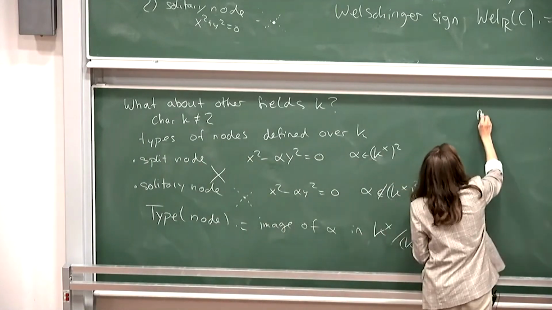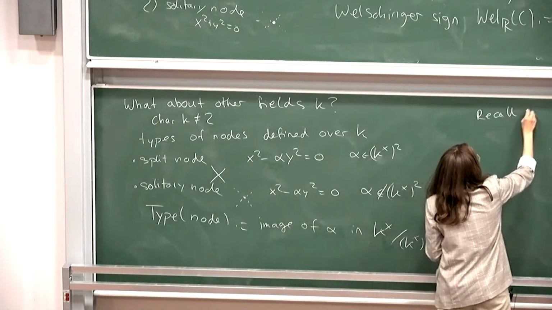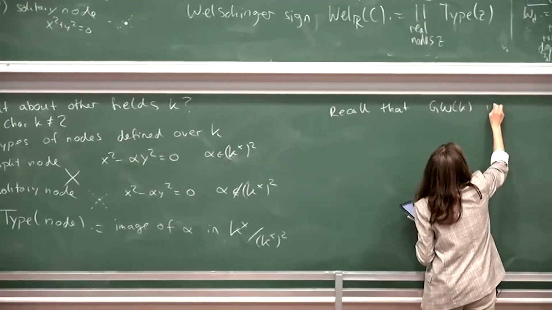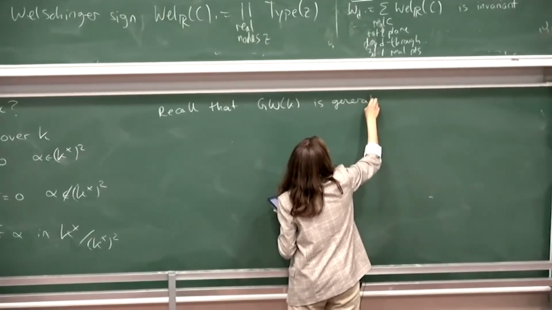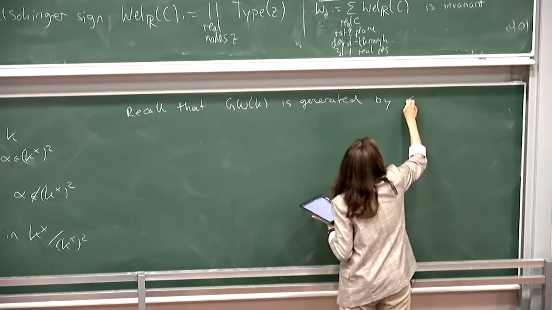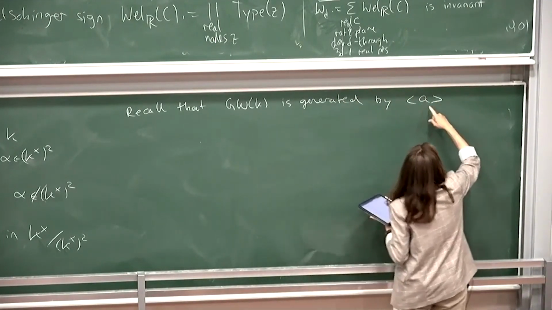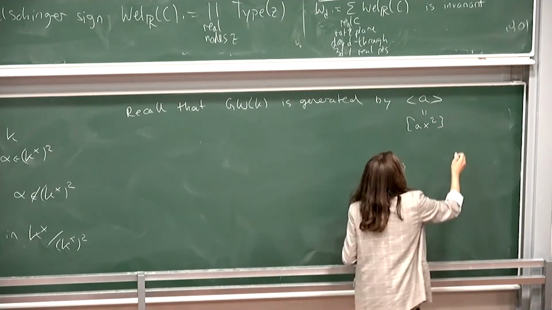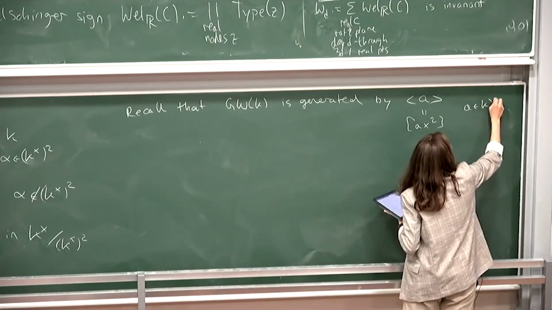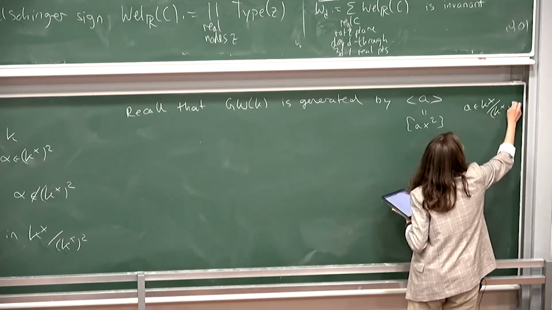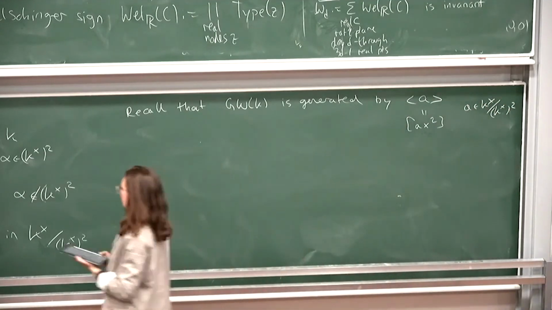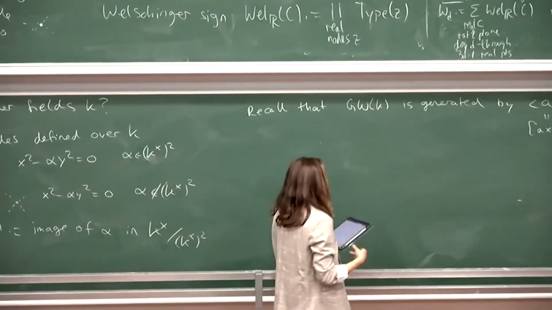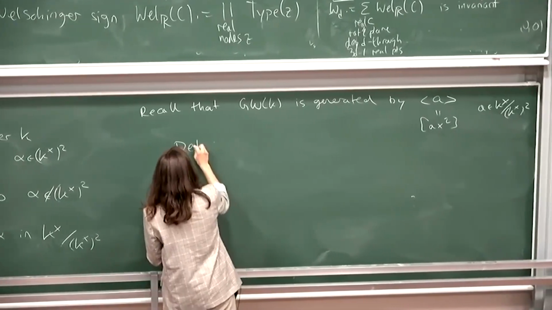So recall that GW of K is generated by these classes of quadratic form, this quadratic form a x squared. And we have a generator for each unit modulo squares. So instead of remembering the class in here, I could just stick brackets around it. And that's exactly what you do.